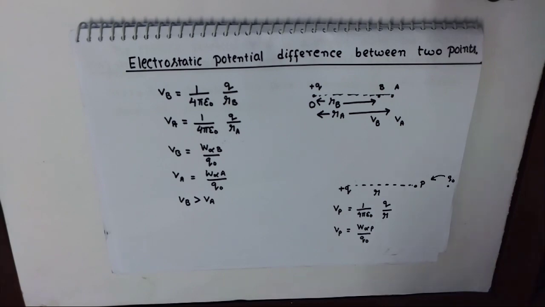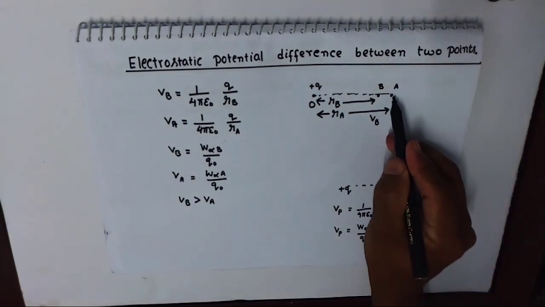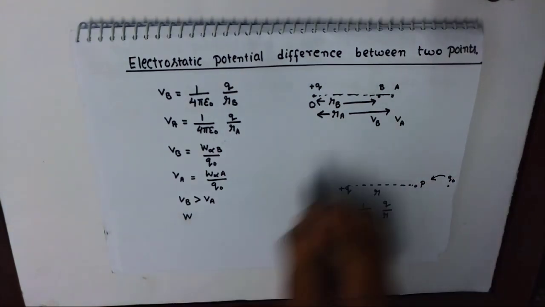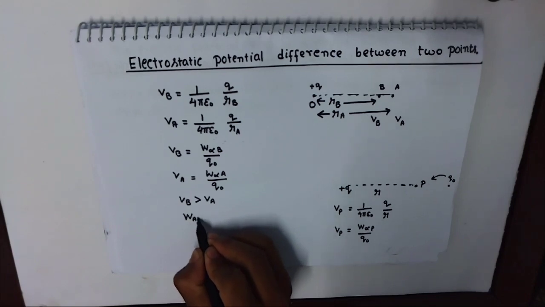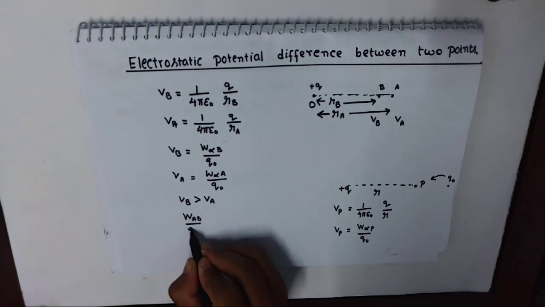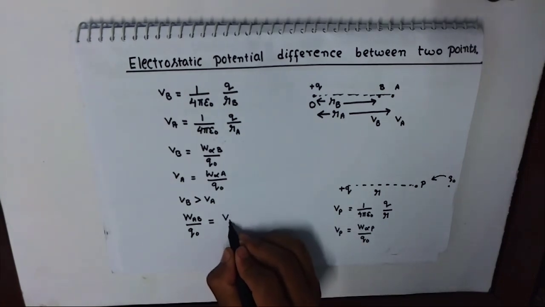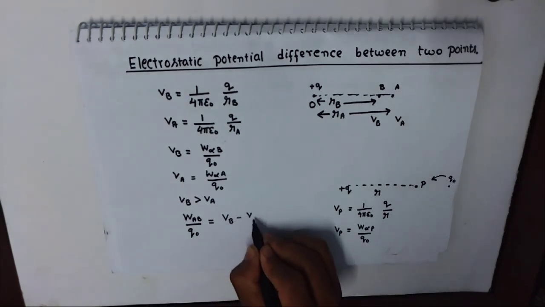Next, what is the amount of work done in bringing a test charge from A to B divided by Q naught? W from A to B divided by Q naught, it is nothing but Vb minus Va.